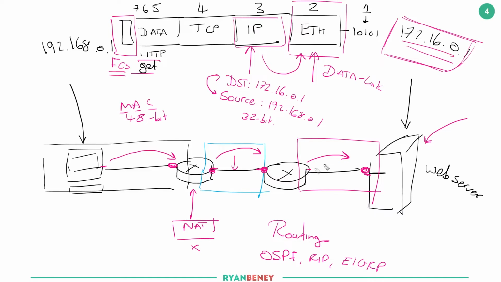It will send it out and the server will receive the frame, see the Ethernet header, take the Ethernet header off, see the IP, and realize the IP is the web server, which means it's reached its destination.